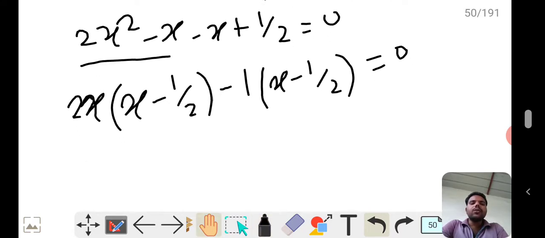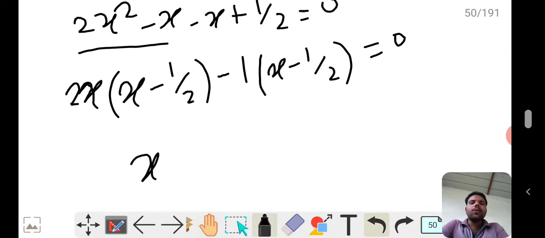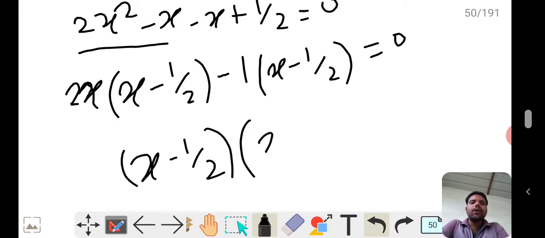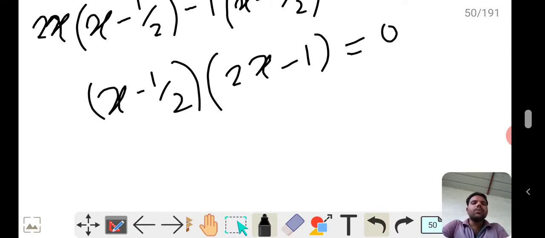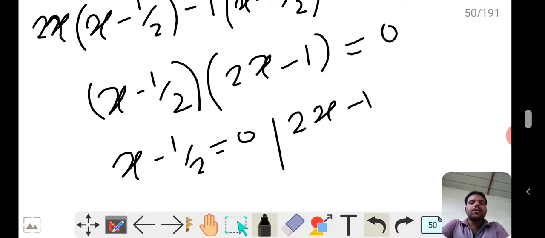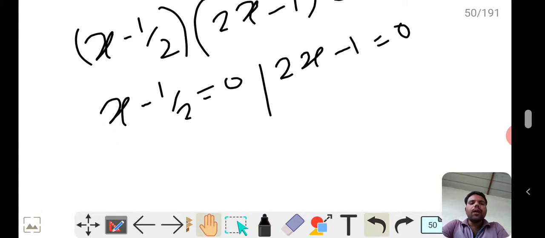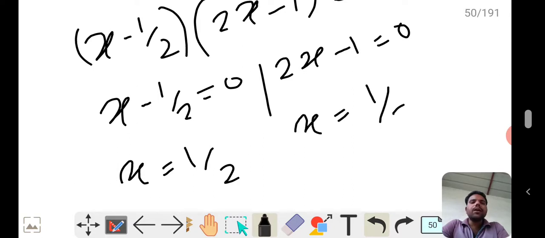Now we can take x minus 1 by 2 as common from both terms, so in the second bracket we have twice x minus 1 is equal to 0. Now we know that the multiplication of two numbers is 0 if one of the two numbers is 0. So x minus 1 by 2 is equal to 0, or twice x minus 1 is equal to 0. So we have x is equal to 1 by 2, and from here we also have x is equal to 1 by 2. So this is the solution for the above equation.